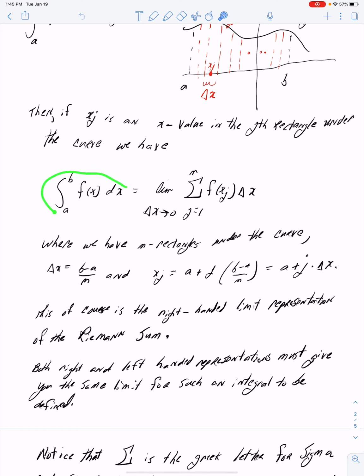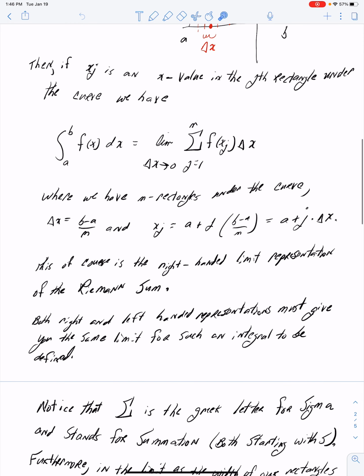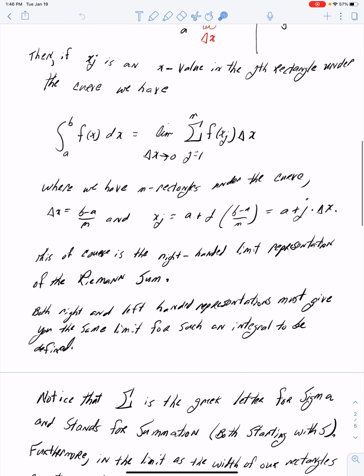So the integral from a to b of f of x dx is defined as the limit as delta x tends to 0 of the sum of all these little areas. And then you take the limit as the width of these rectangles goes to 0. So in fact, this is the definition of a definite integral in terms of a Riemann sum.